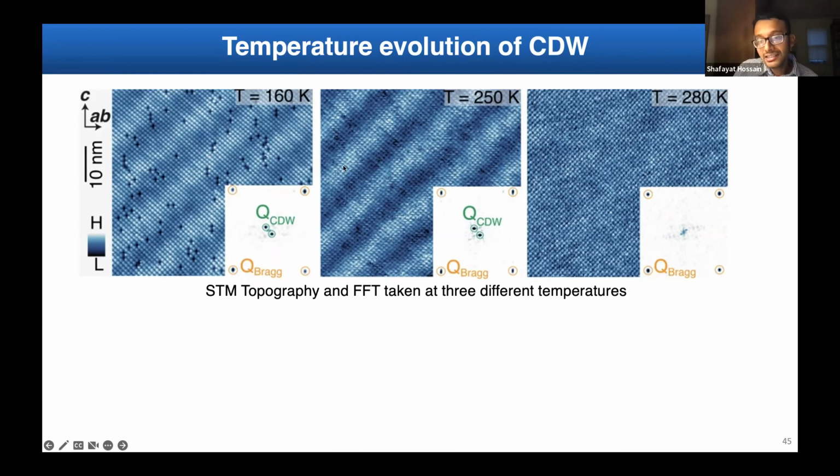But you're right, they are all taken at different temperatures, at different regions of the surface. We could only keep our edge fixed. I will show you later, we could keep the location of the edge fixed, but the surface is very hard, because there are many defects. So finding the exact same surface is very difficult. I see. Thank you. Welcome.